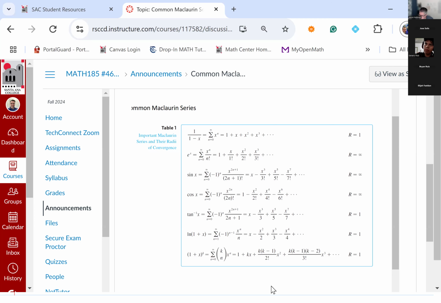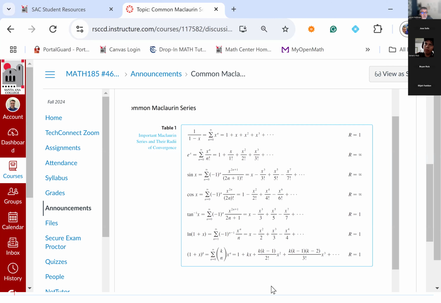Okay, let's look at a couple more examples here. Hopefully everybody will have this and have access to it. How would we get inverse tangent? How did we get inverse tangent before? That was through differentiation, I believe, right? And then inverse tangent, we also did through integration.